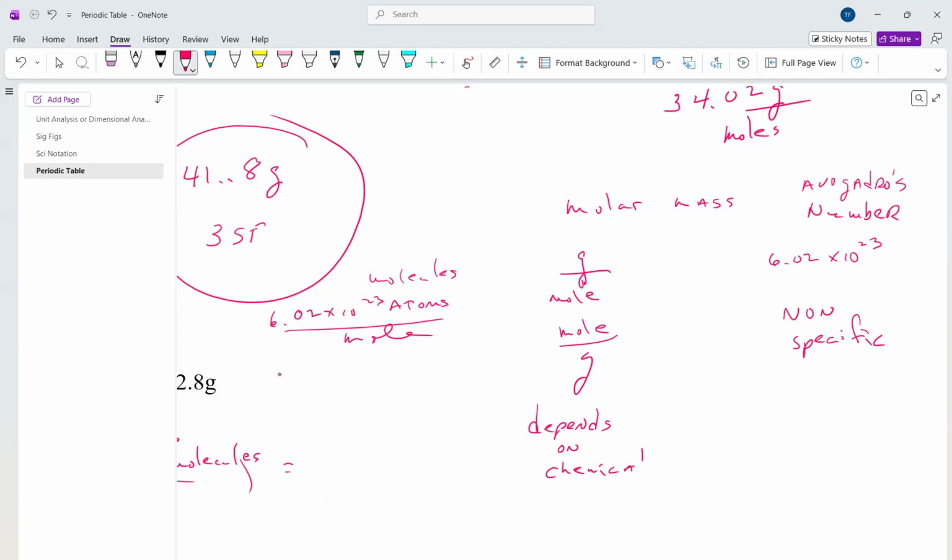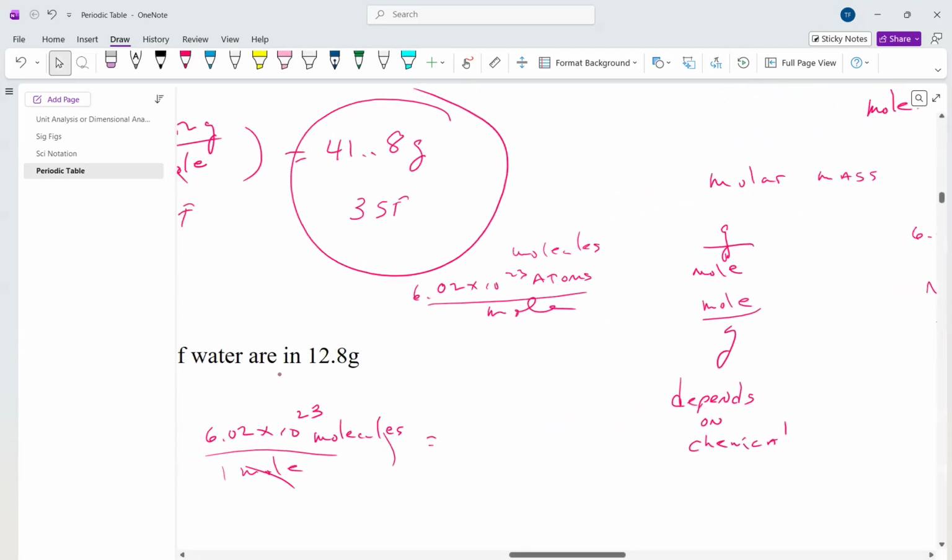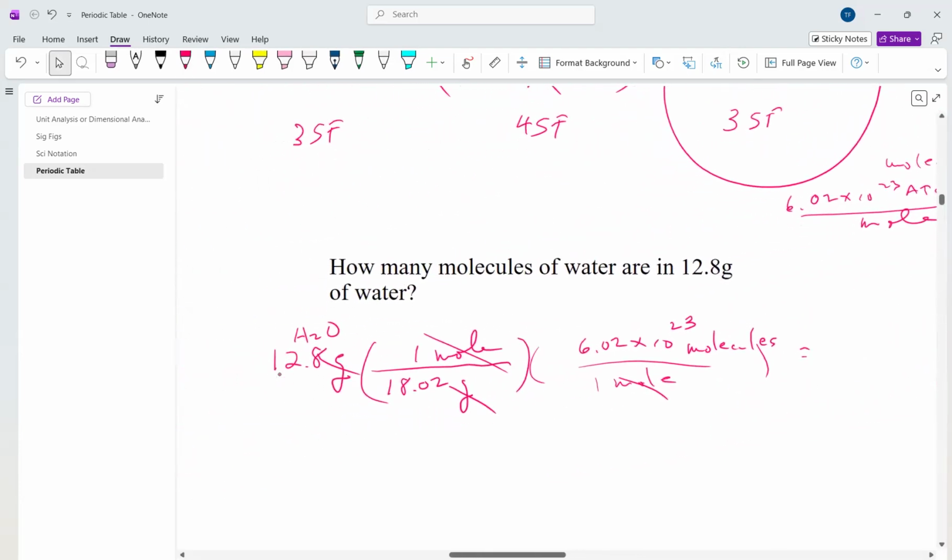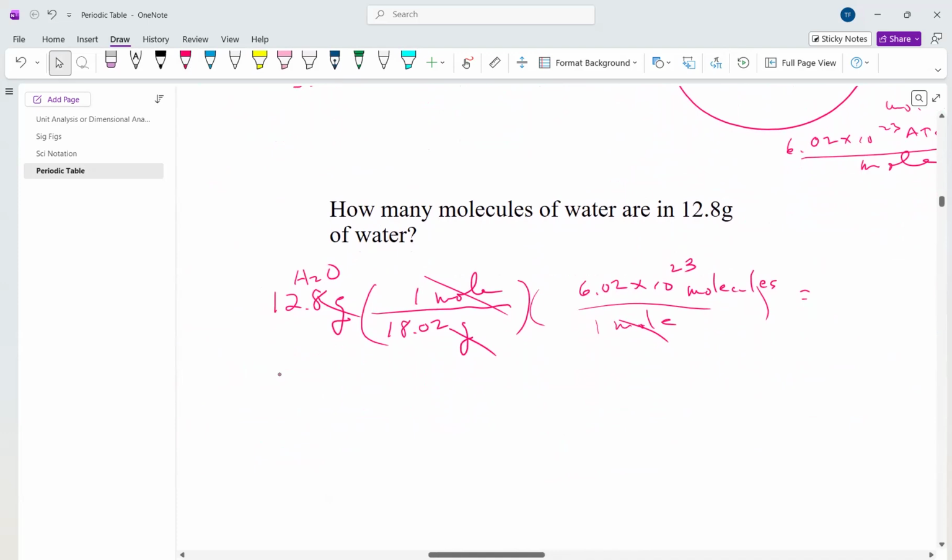How many? So in this problem here, this part doesn't matter what you started with. This part totally depends on what you start with. Okay, so we're just going to grind this baby out.